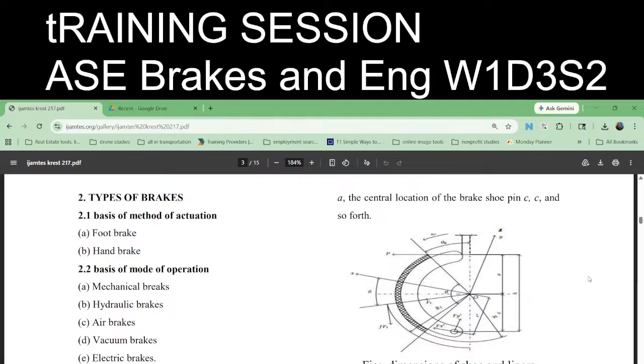All right, so those are the different types: vacuum and electrical.